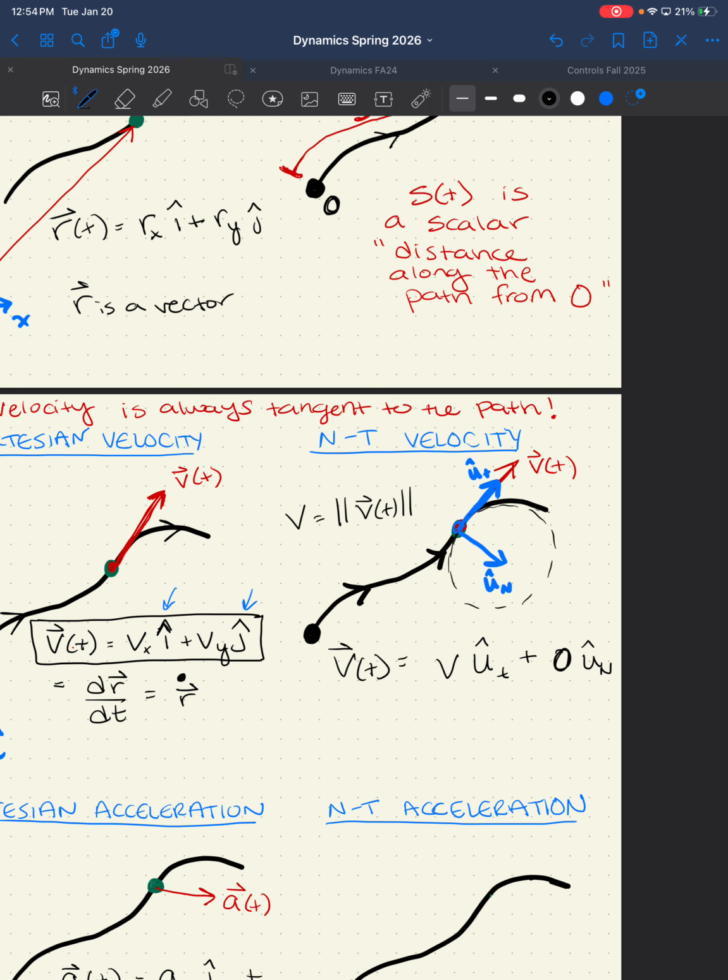So all of v goes in the direction of u hat t. None of it goes in the u hat n direction.